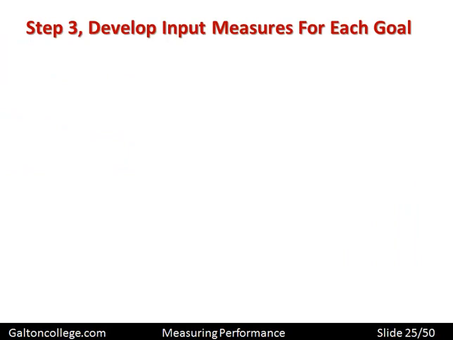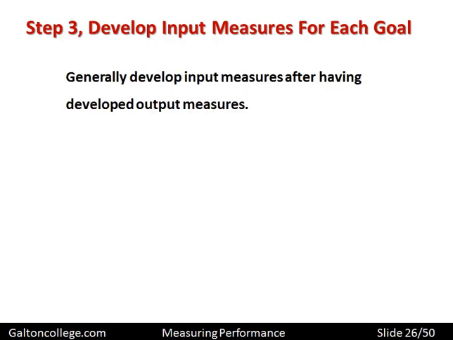Now let's move to step 3. Develop input measures for each goal. So now it's trying to find ways in which input measures can be assessed for each goal. Generally, develop input measures after having developed the output measures.